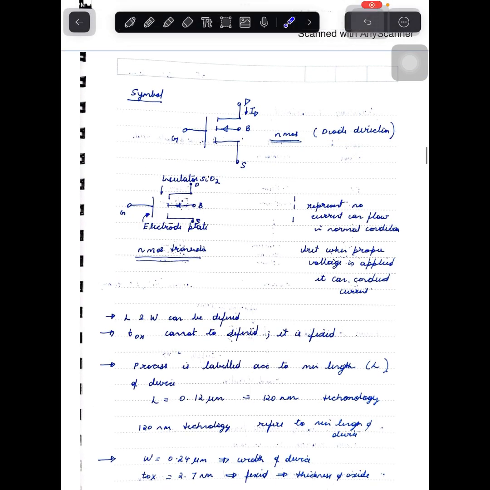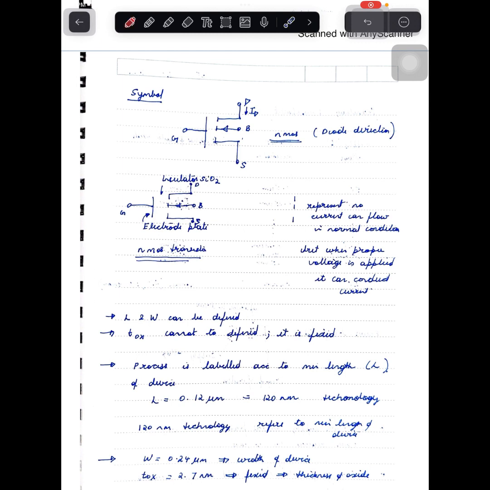Symbol of MOS transistor. So this is the symbol of the MOS transistor. We have a gate which is shown here, and then we have drain, source and bulk. There is a diode symbol which shows the diode direction.